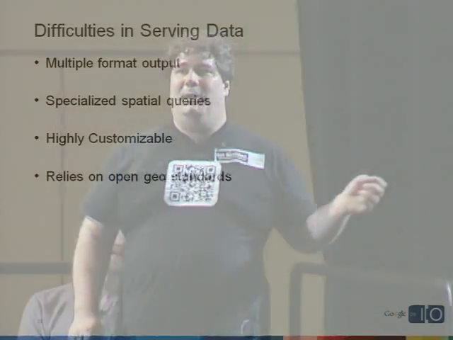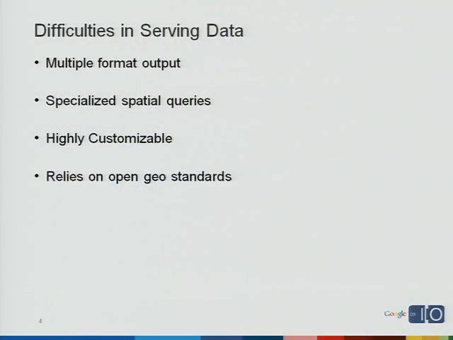Okay, so a few things to think about in terms of building scalable geo applications in particular. You want multi-format output. That is, you want to be able to serve it in Google Maps and KML, in OpenLayers, in whatever formats that you can. You want to be able to do specialized spatial queries, so be able to do bounding box queries, at least, radius searches, that sort of thing.